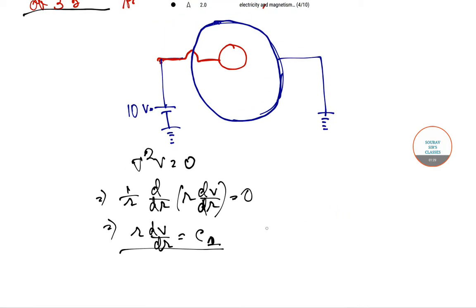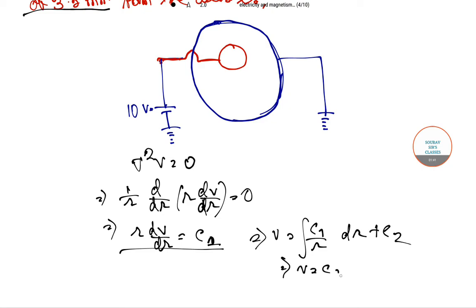So V equals the integration of C1 by R dR plus C2. So we can write V equals C1 log R plus C2.